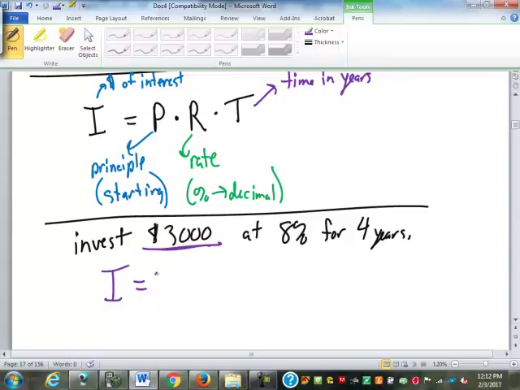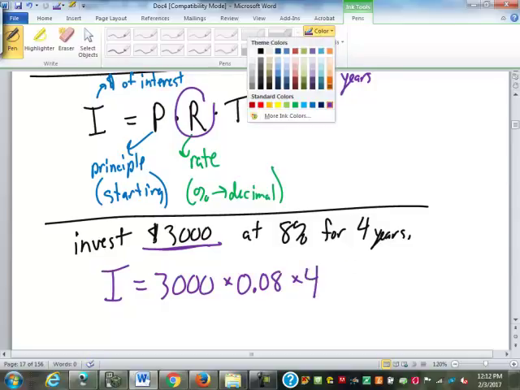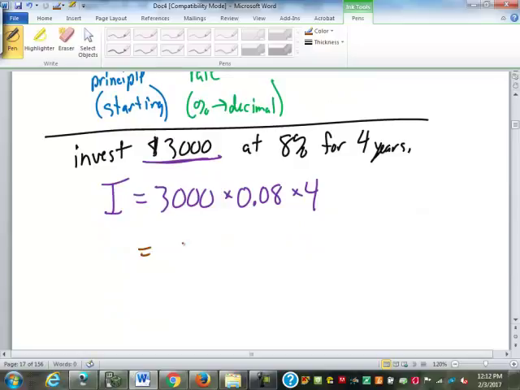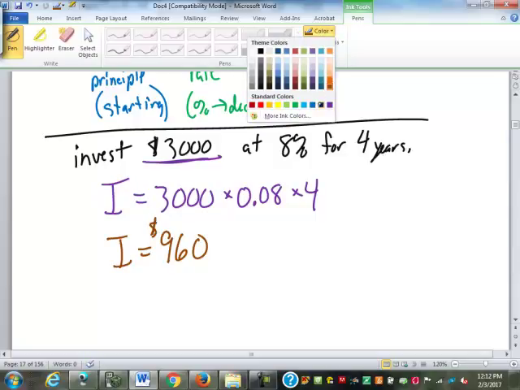That's the $3,000 you invested. Times R, your rate. That's 8%, but as a decimal, that would be 0.08 times your time, which is 4 years. If we multiply that out, 3,000 times 0.08 times 4, that comes out to be 960. The interest earned is $960.